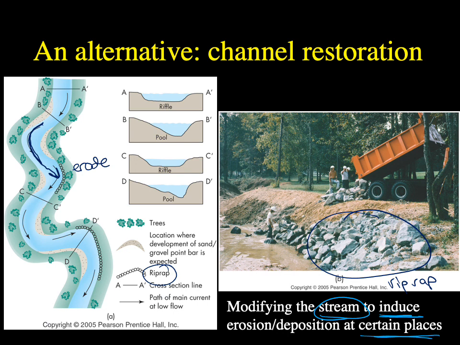This is very resistant to erosion. So this is really hard. It doesn't want to break down. You can install riprap in this area here. And what that does is it stabilizes the cut bank so that you don't have as much erosion.